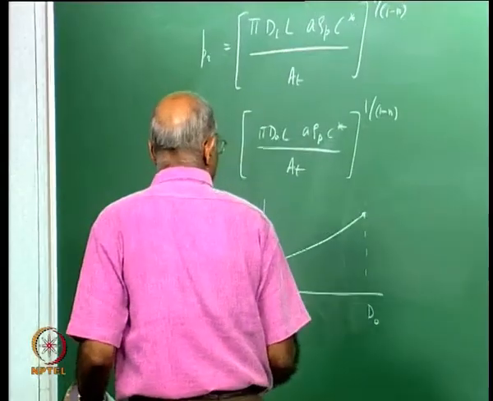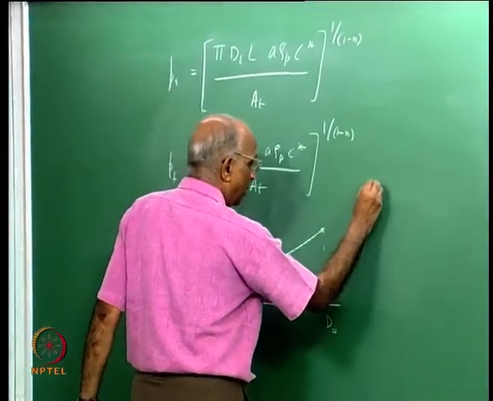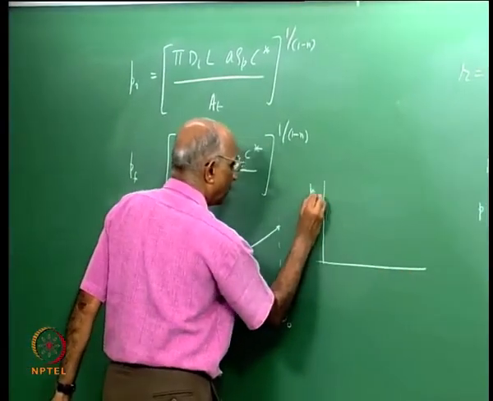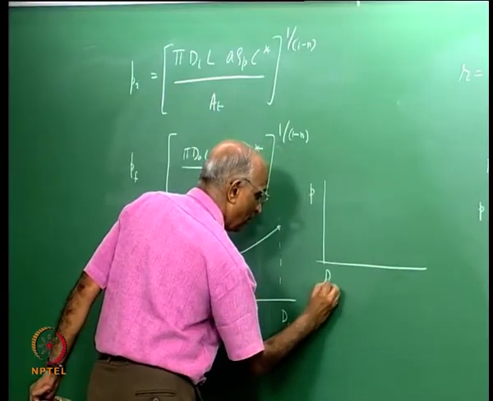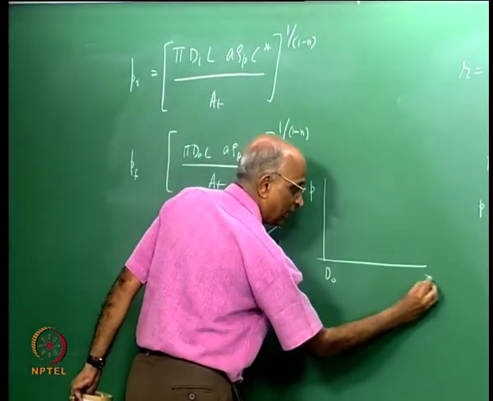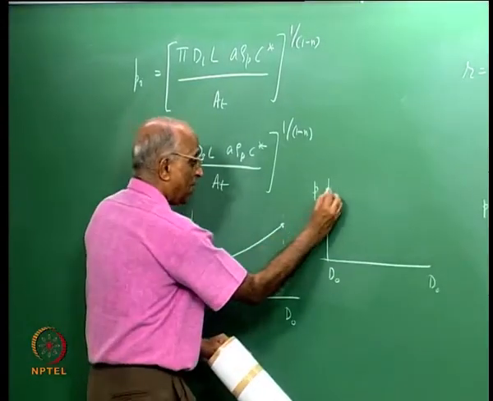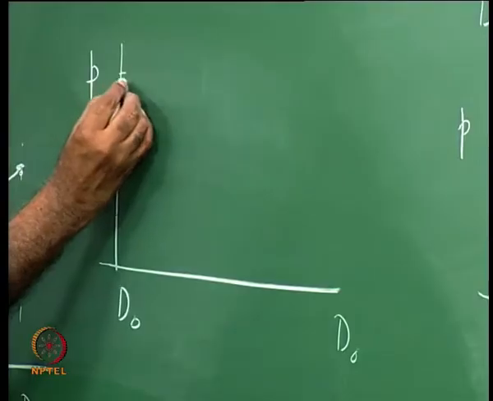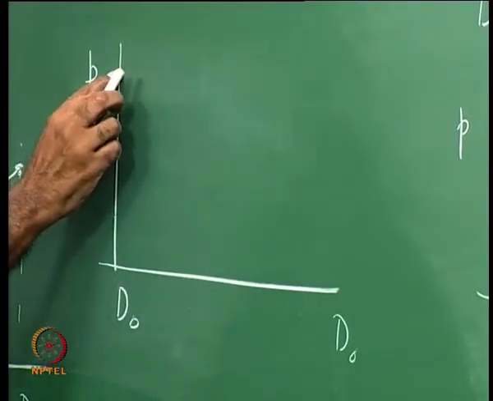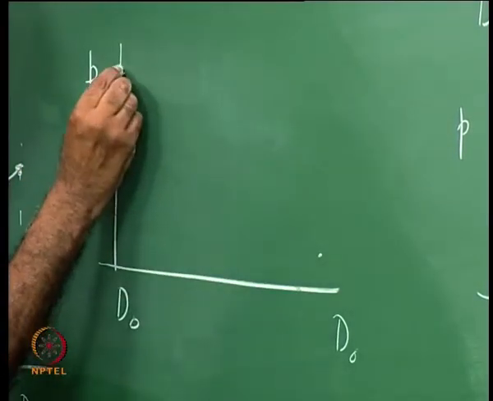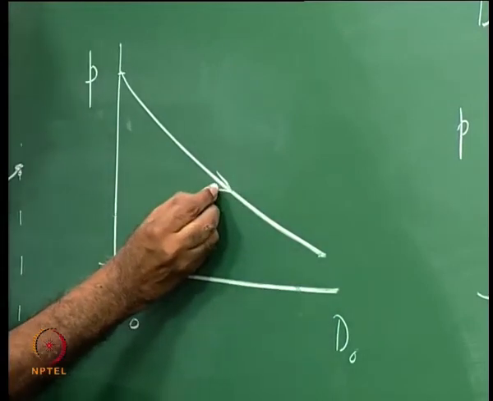I am going to get just the opposite. I am going to get the pressure as a function. Now d_o gets ignited, then gradually the flame comes to the inner part. That means I start with a value of P final, the initial value is now higher, and the pressure drops.